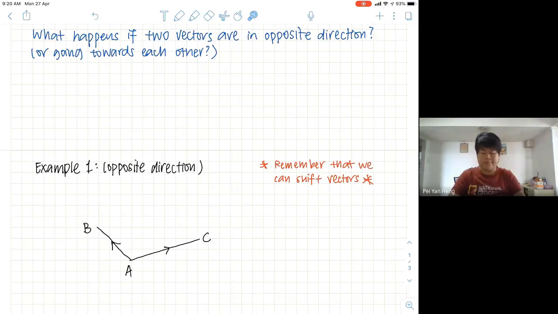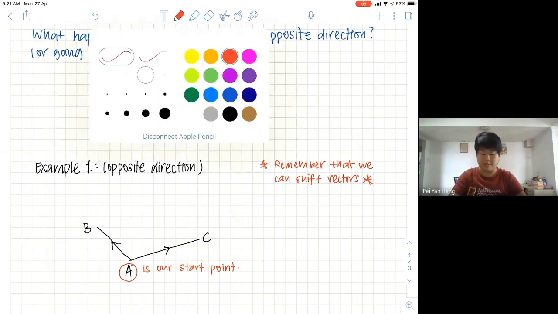Whatever it is, you will notice that this vector point A is our start point. If you want to move AC also can, if you want to move BC also can, it doesn't matter.